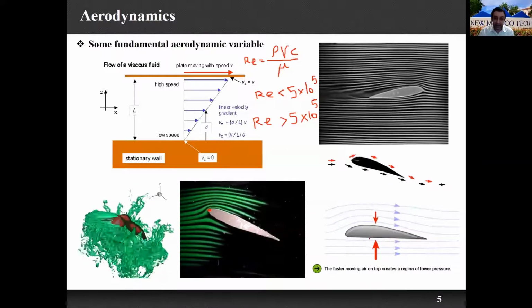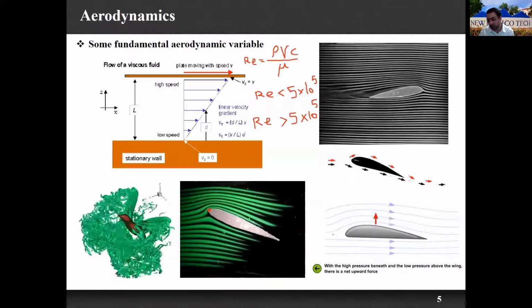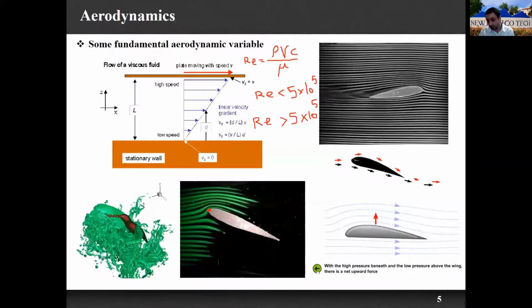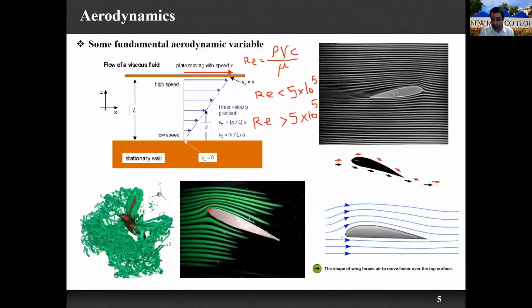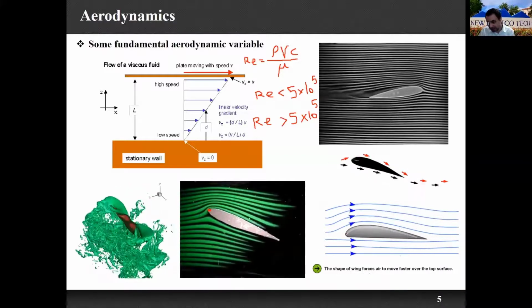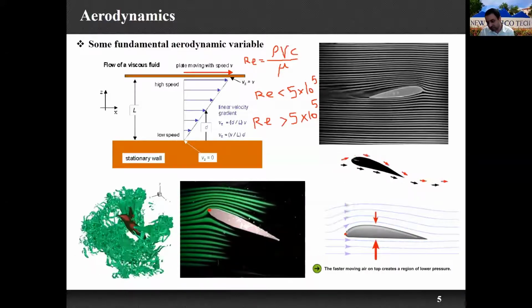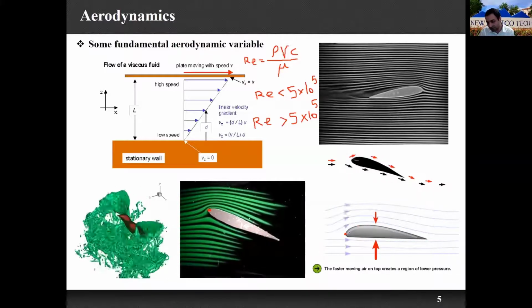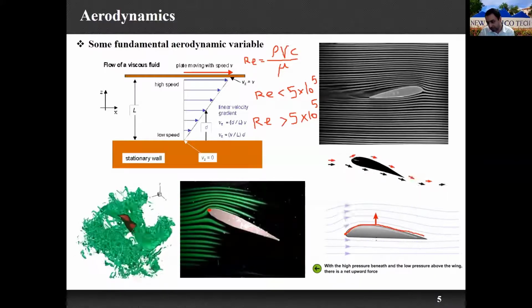And this is the main reason that lift is generated. Imagine that this is your object which is exposed to the flow of air, or your flow is moving with the speed of V. Here, once the streamlines reach this point, they are separated into two different streamlines. One is moving along the upper camber or upper surface.